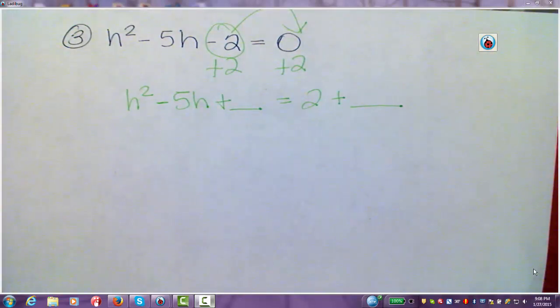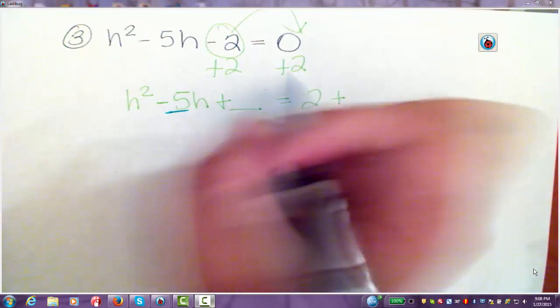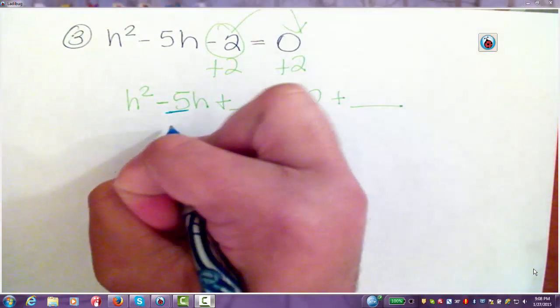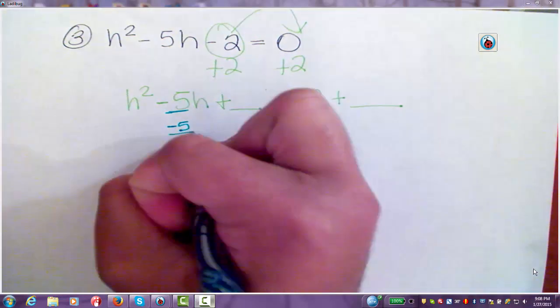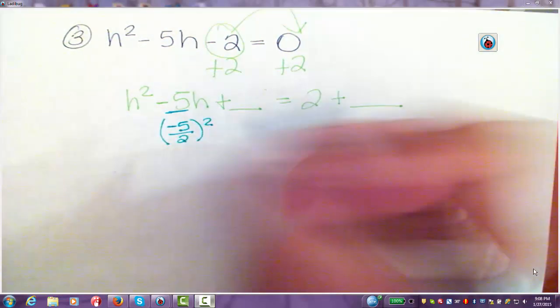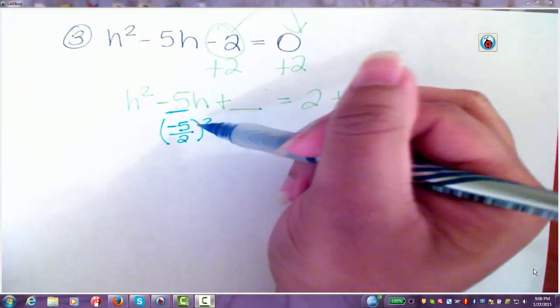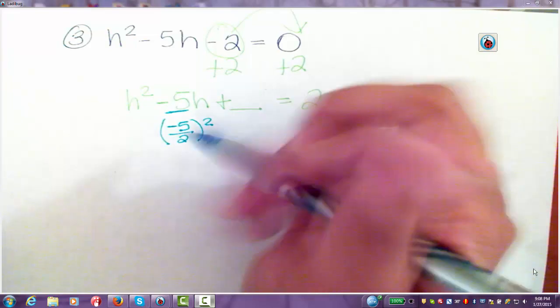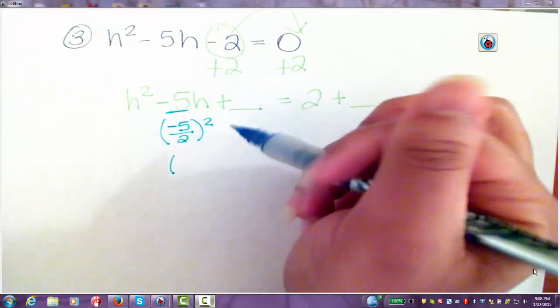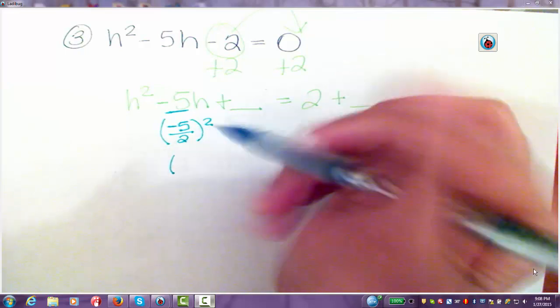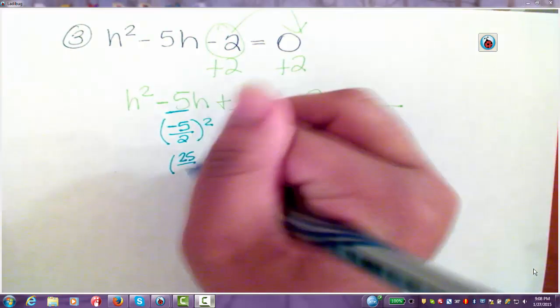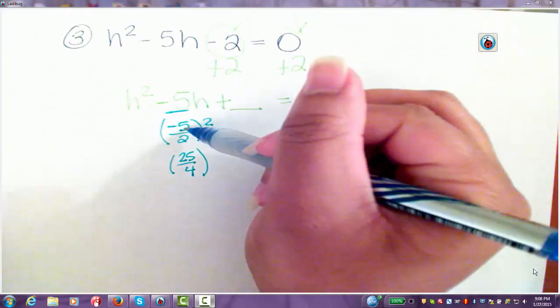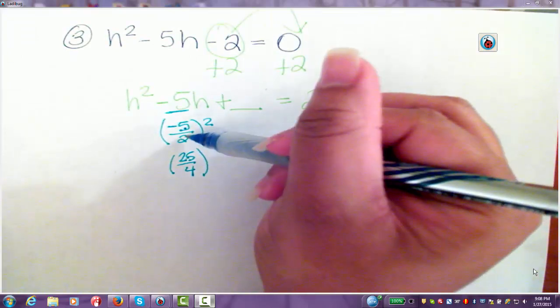Okay, so now we figure out what goes in the blanks. So we take half of our b term. Our b is negative 5, so negative 5, and we divide it by 2, and we square it. So negative 5 divided by 2 is negative 5 halves. We square it, and we get 25 fourths, because negative 5 squared is 25, 2 squared is 4.